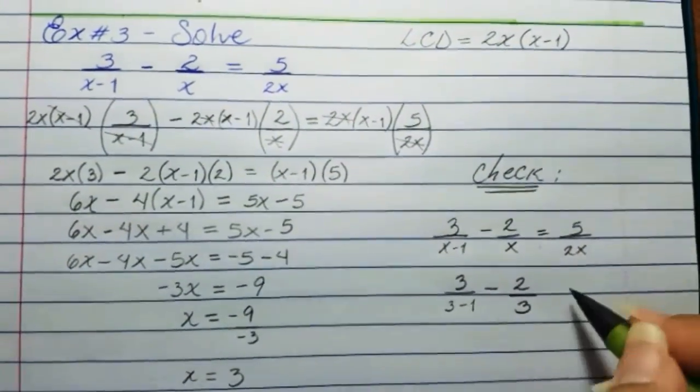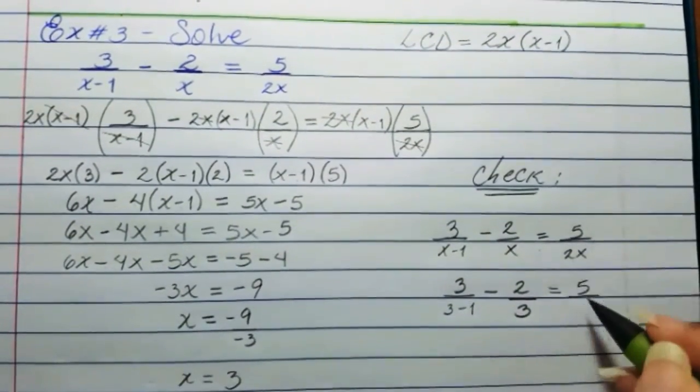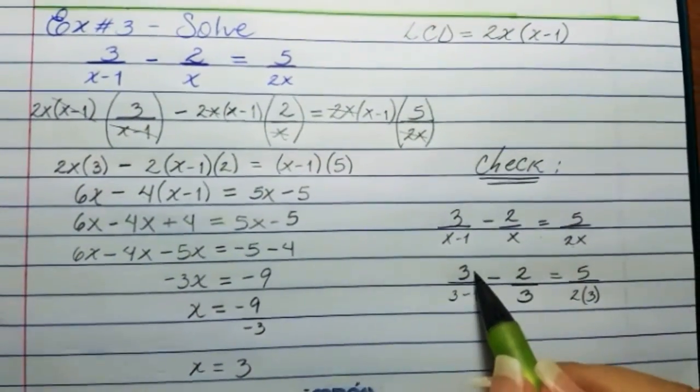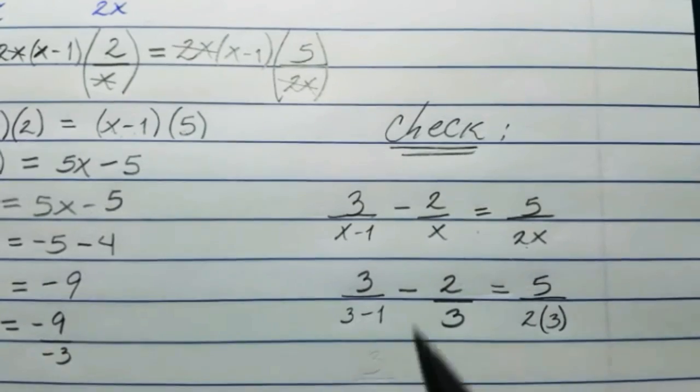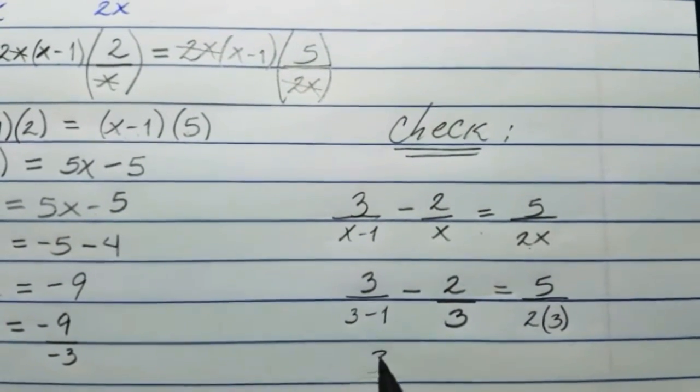2 over 3 equals 5 over 2 times 3. Let's simplify. I'm going to simplify in the denominators.